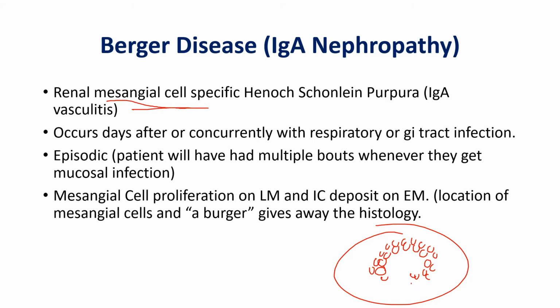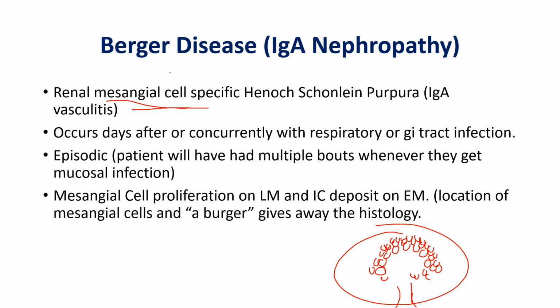Before you get to the tubule and go into the nephron, the proximal convoluted tubule and the loop of Henle and all that, there are these mesangial cells that make up the area around the renal corpuscle. And these cells are what is going to be affected and targeted in this disease.